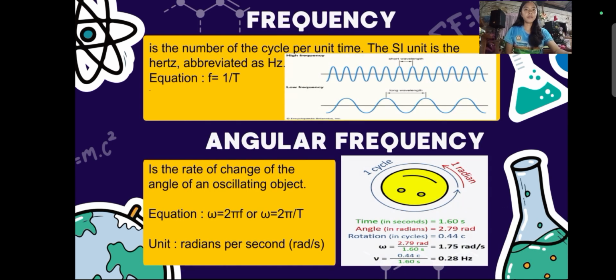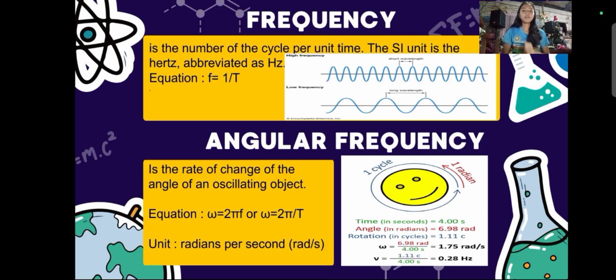Next is frequency. Frequency is the number of cycles per unit time. The SI unit of this is the hertz, abbreviated as Hz. It tells how many cycles happen in 1 second.